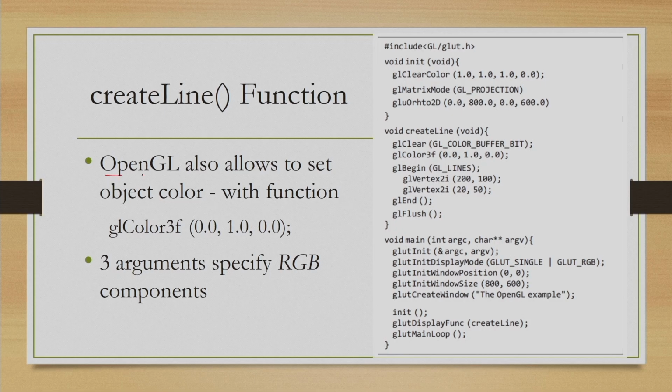Now, OpenGL also allows us to set the object color with the function glColor3f. There are three arguments, again specifying the RGB components. So, these two functions are used to set color values for the background as well as for the object.